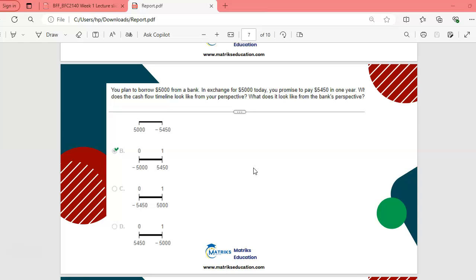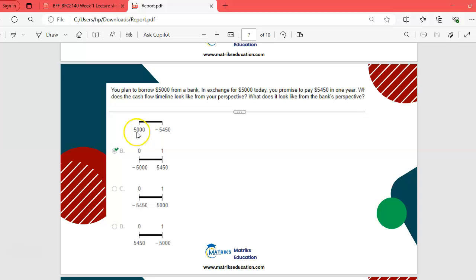To understand this problem, you need to understand that you are borrowing money now. If you are borrowing money, you are expected to pay it in the future. In this question, you are expected to pay next year, only 1 year, with a total of 5,450.